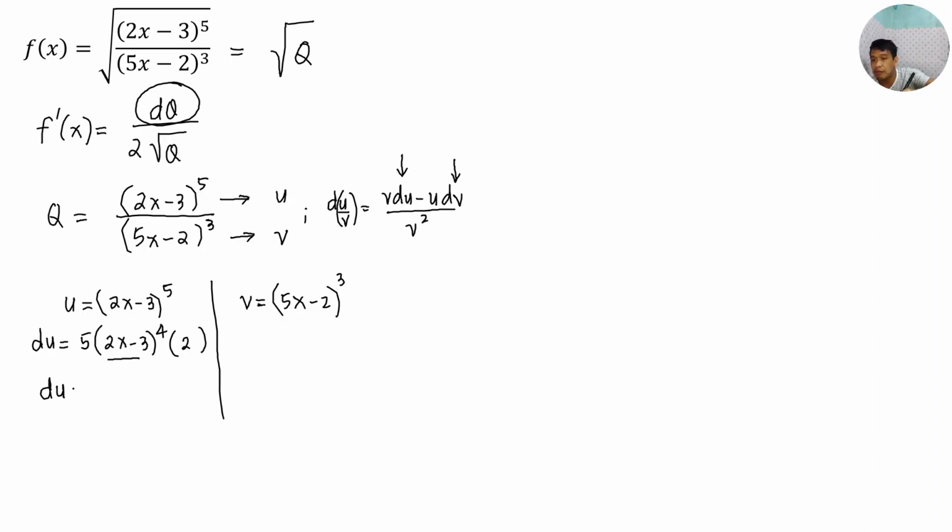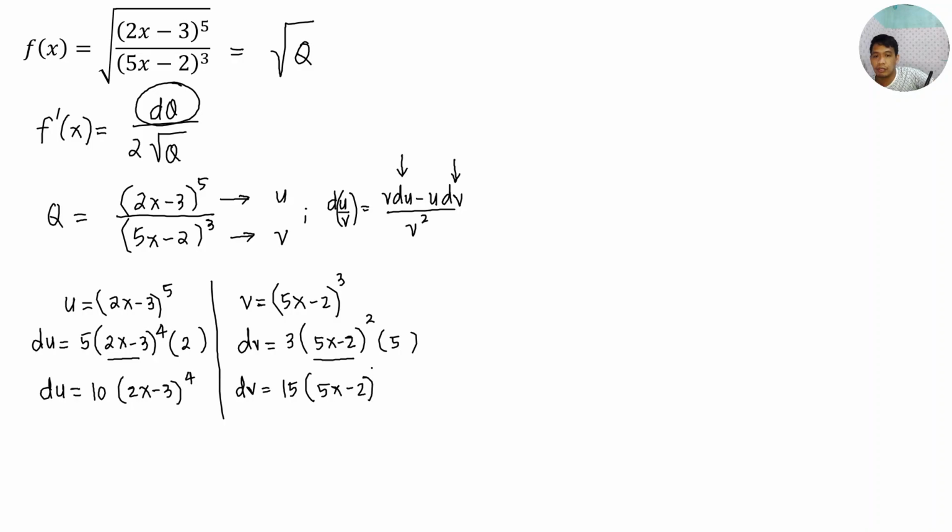Simplifying, we have du equals 10 times 2x minus 3 to the 4th. Then if v is equal to 5x minus 2 raised to the third, for dv the exponent goes in front, 3, 5x minus 2, subtract 1 from 3, that's 2, and the multiplier is the derivative of this function, which is 5. So dv now is 15 times 5x minus 2 raised to the second power.